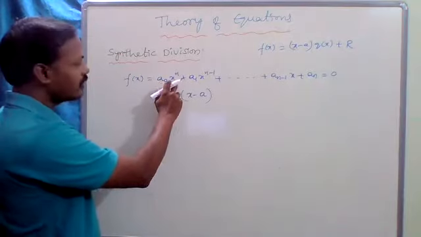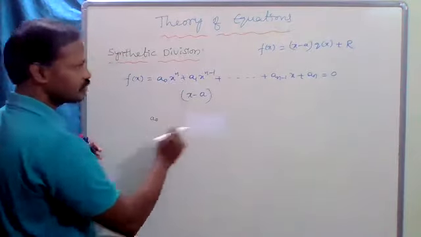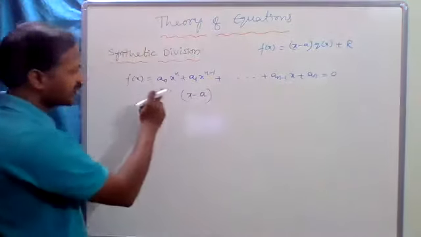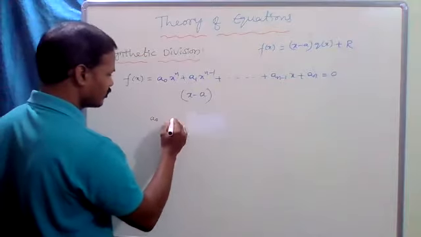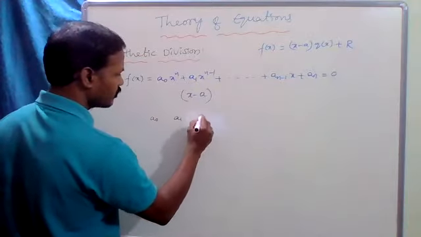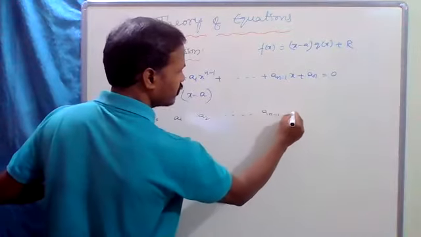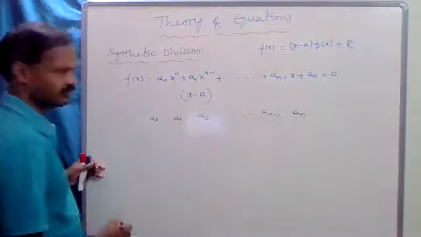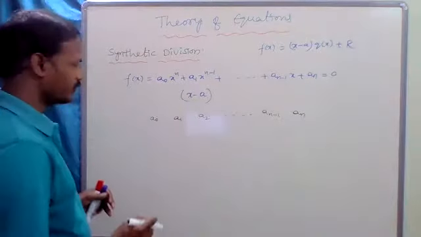The coefficient of the highest degree is a naught. You should not write from the other end. You have to write in decreasing order: a naught, a1, a2, and so on, a n minus 1, a n. First of all, write the coefficients.